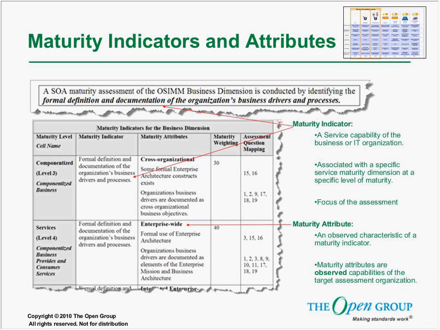Now, for each maturity indicator or guidepost, you have a set of attributes. A set of attributes allows you to make a decision about or determine the maturity level within that dimension. In the case of this particular example, there are cross-organizational maturity attributes at level 3 componentized.